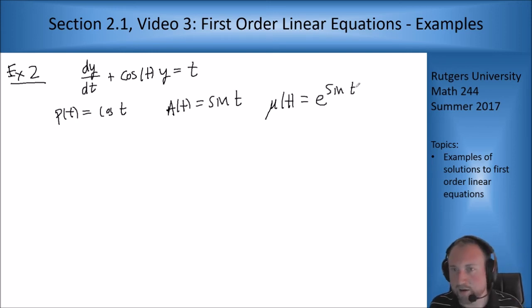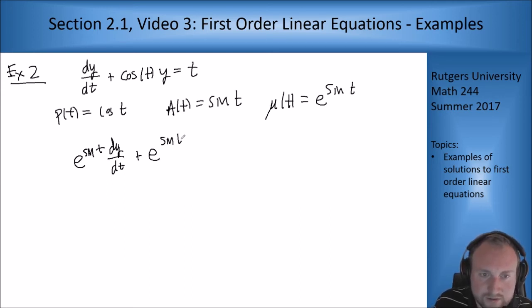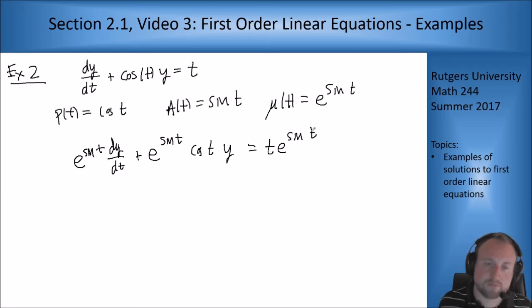Yes, it looks nasty, but it does the job. So let's multiply both sides by mu, and I get e to the sine of t dy dt plus e to the sine of t cosine of t y equals t e to the sine of t.